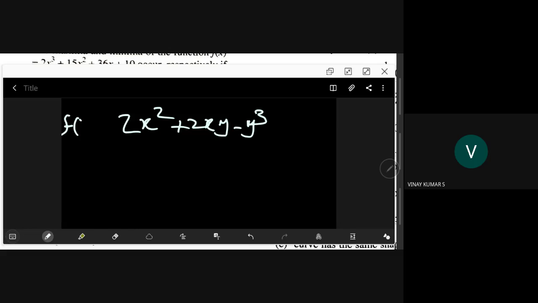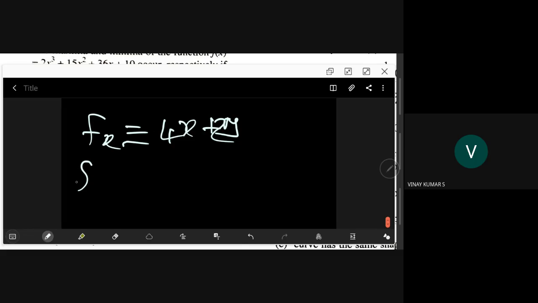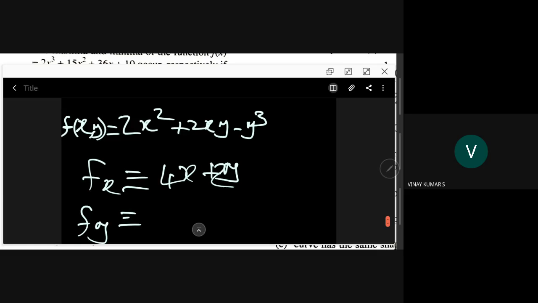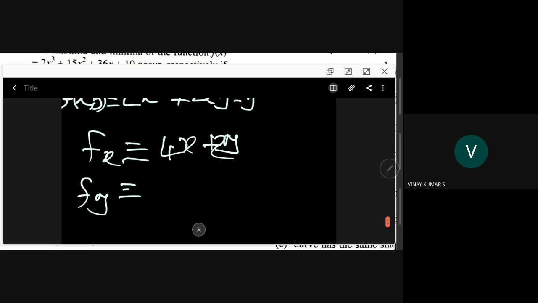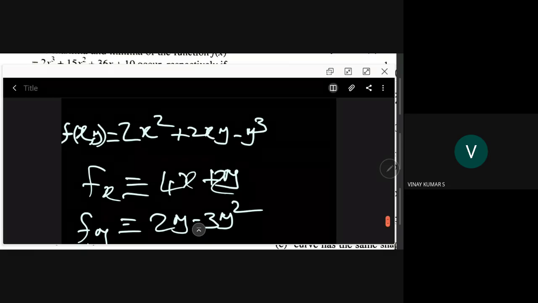Now fx is 4x plus 2y. What is fy? Fy is 2x minus 3y square. Is it right? Fy is 2x minus 3y square.